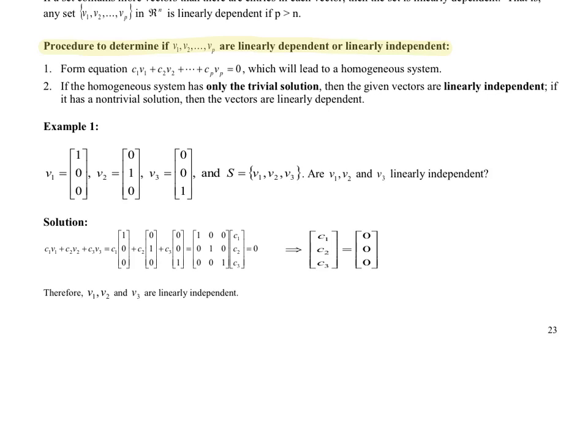So write it as a linear combination. It's a homogeneous system, so we're defining it that way. That's the important thing: we're setting it equal to 0. If you go through the row reduction technique and only come up with a trivial solution, then you're dealing with a linearly independent system, all right?